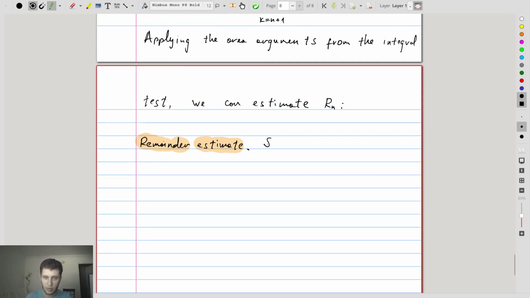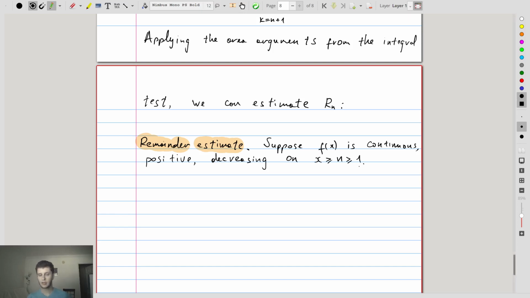So suppose we have a function which is, again, continuous, positive, and decreasing on x bigger than or equal to n, where n is bigger than or equal to 1.